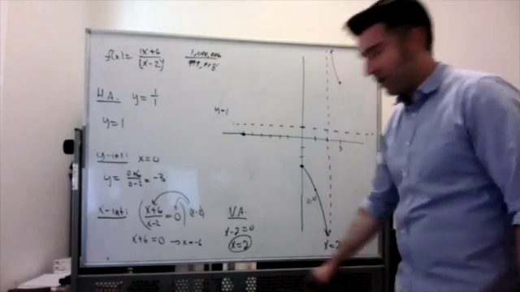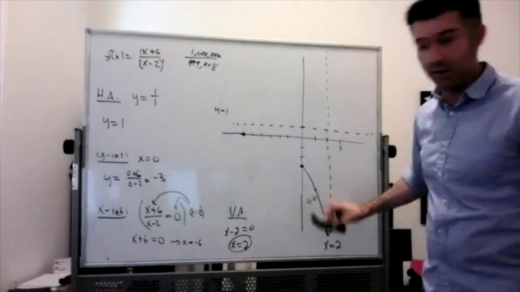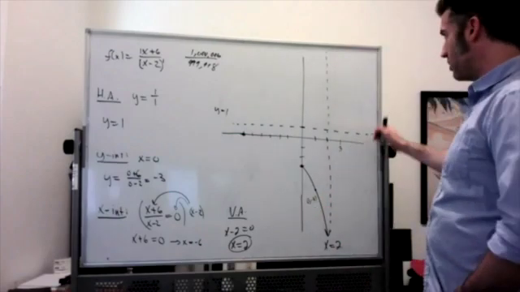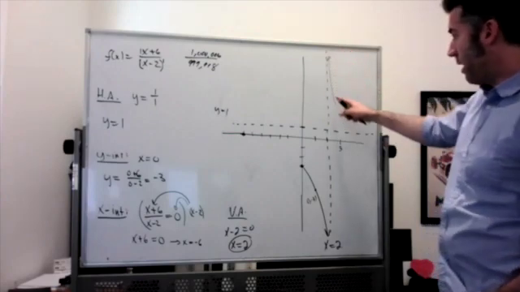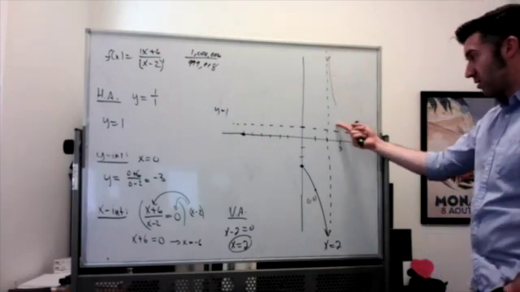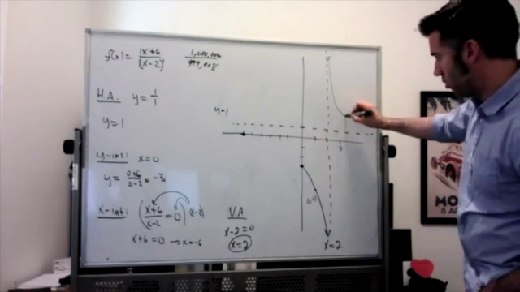Now, I'm going to draw this not perfectly. Shock of shocks, I know. Because I want to be able to show the horizontal asymptote. What's happening is it's going to come down this way, and then as we move to the right, there's nothing else to deal with. The function is going to get closer and closer to its horizontal asymptote.